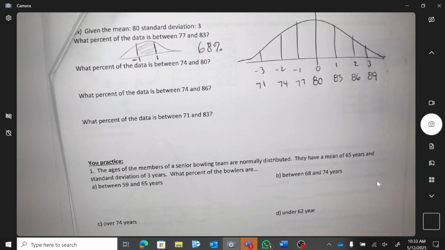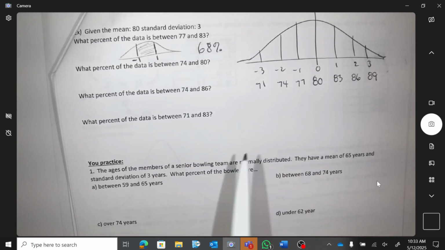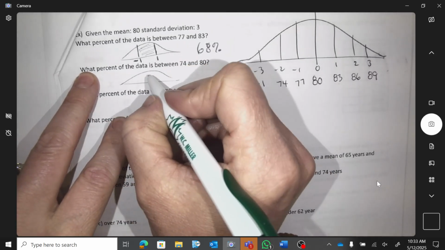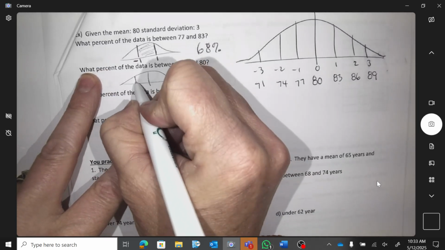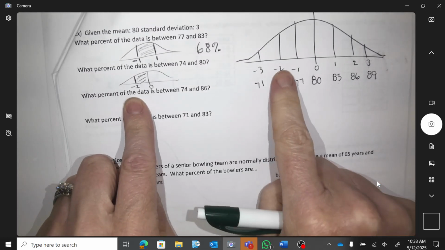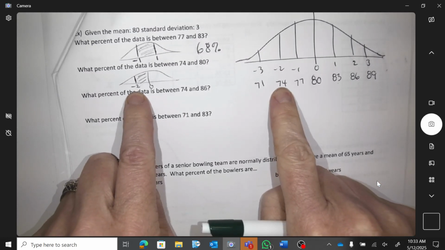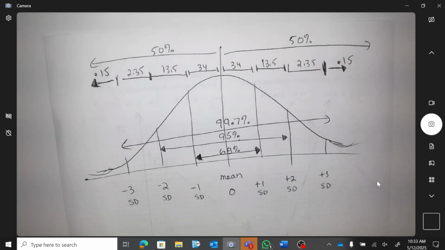Question 2. What percent is between 74 and 80? So what am I going to? I'm going from 74, a -2, to a 0.